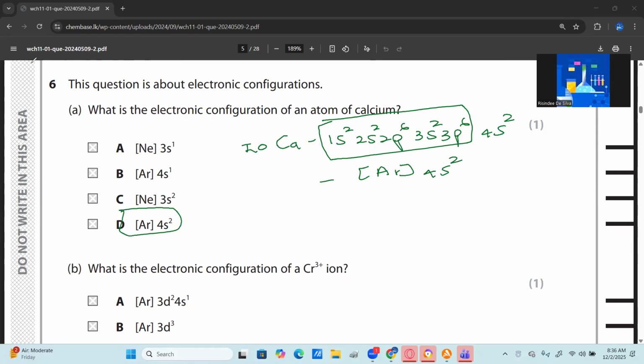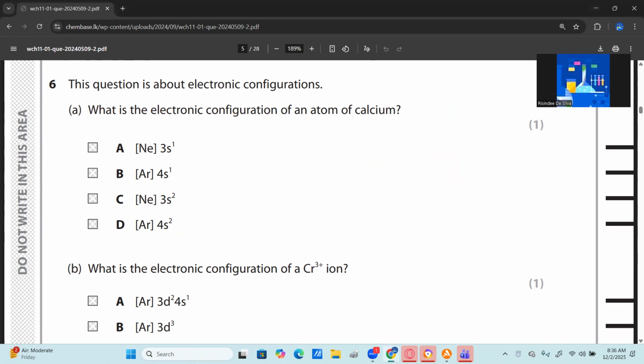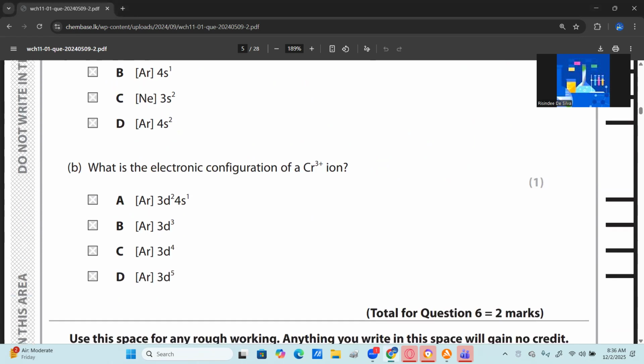What is the electronic configuration of the Cr3+ ion? Even though we write according to the 1s2, 2s2 pattern, only chromium and copper are different, because there's a small change.